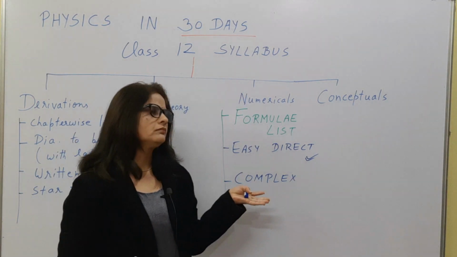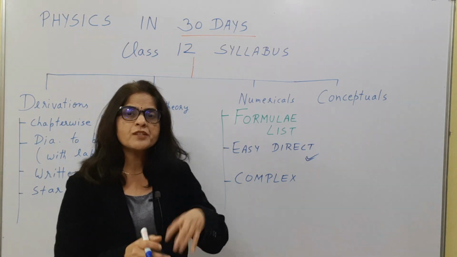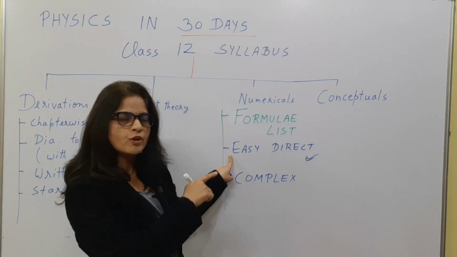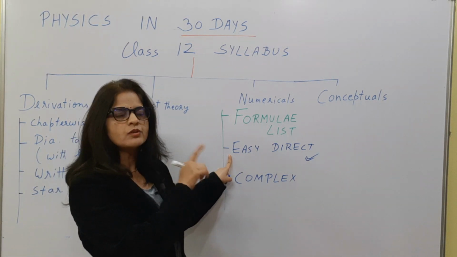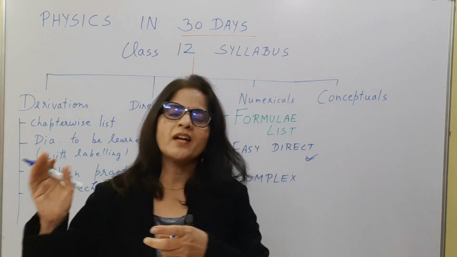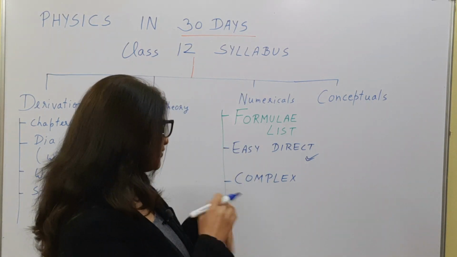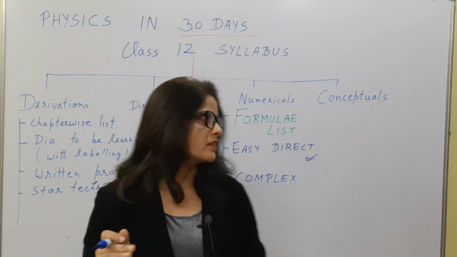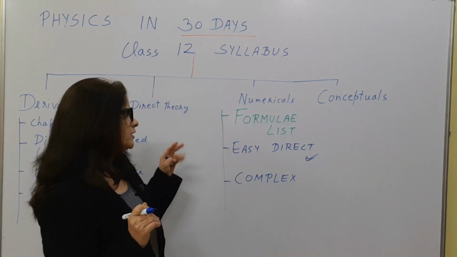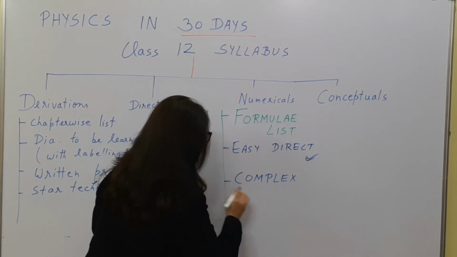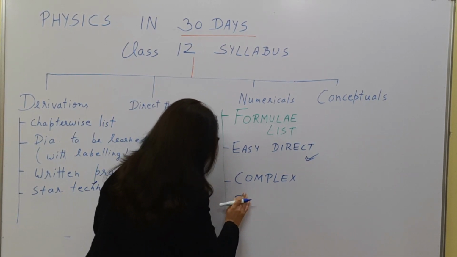So this way, those who are struggling to get average marks, even for those students, first of all you focus on the easy direct questions. Don't look at the complex questions at first. Once you are comfortable with the direct concepts, direct theory questions, direct derivations, easy direct questions, then you can move on to the complex numericals. Okay, and you will get these questions from at least direct NCERT solved questions you have to do first.